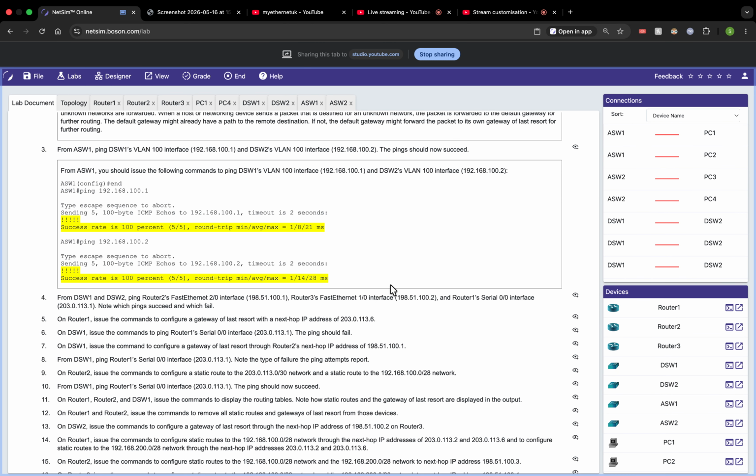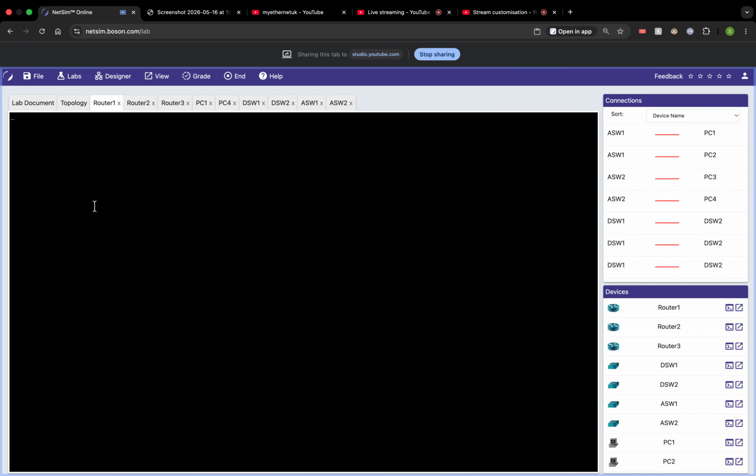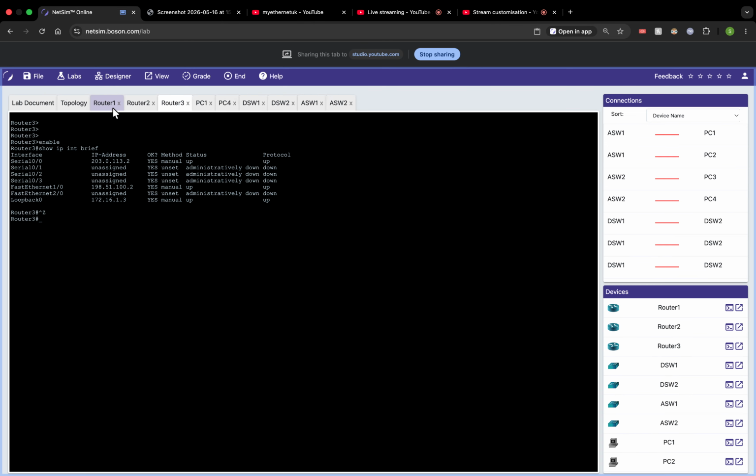They both can ping that interface. So those are the interfaces that it has. They're both capable of pinging that 2.1 interface. DSW1 can, and DSW2 can also ping that.